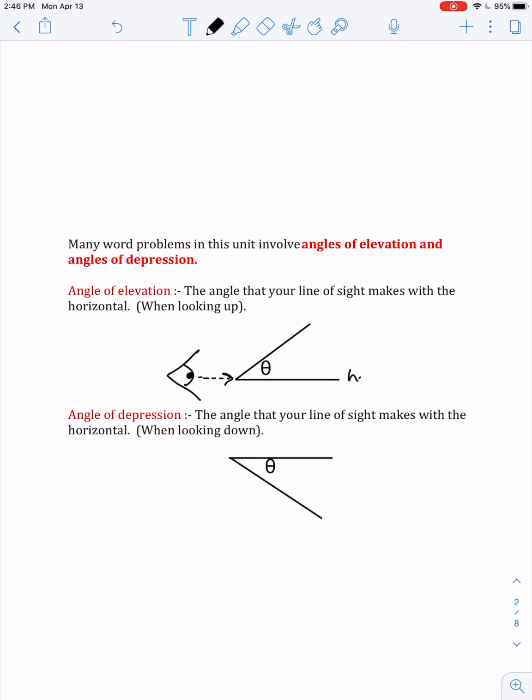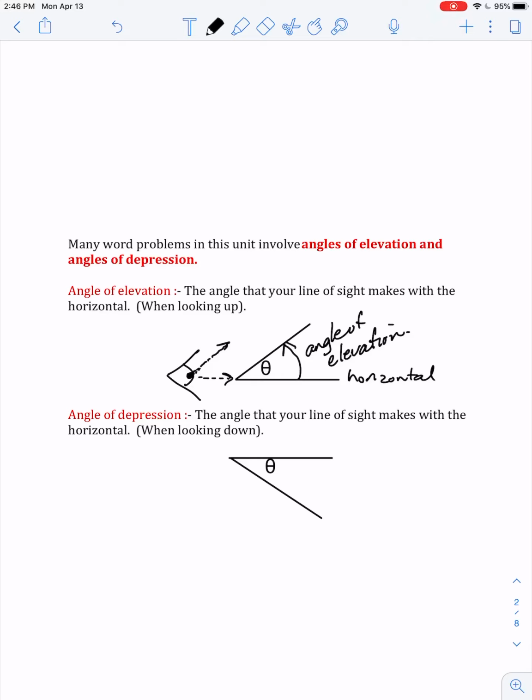This is a horizontal. And if you were to take your eyes and start looking up instead of looking horizontally, the angle that is formed when you tilt your head or your eyes is called the angle of elevation. So the angle of elevation is from the horizontal up.